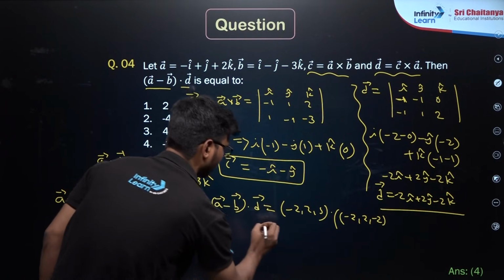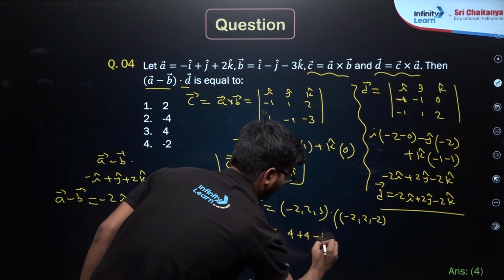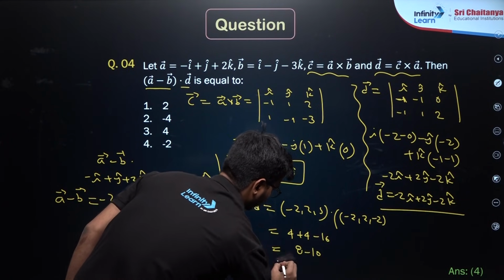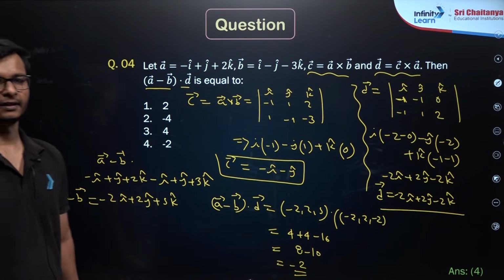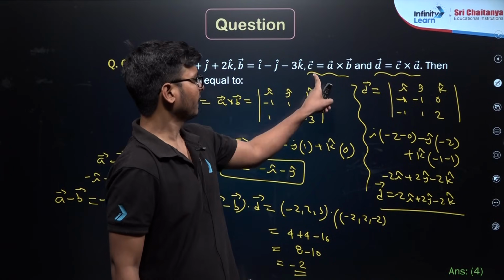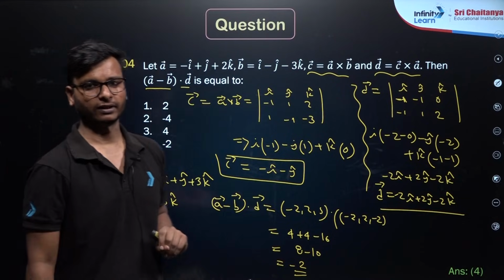Now if you observe, I am going to have 4 plus 4 minus 10. So it is nothing but 8 minus 10 is going to be minus 2. Okay. So there is nothing in this question, just the simplification part, that is we have found C, we have found D and we find this one.